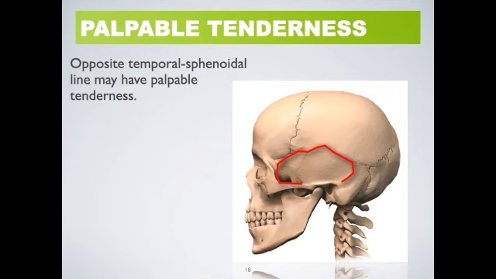And of course, this is also the outline of the temporal fossa, which there could be issues with the TMJ. Of course, there often are issues with the TMJ when there's anything going on with the sphenoid or any of the other cranials. So this is a signature finding.